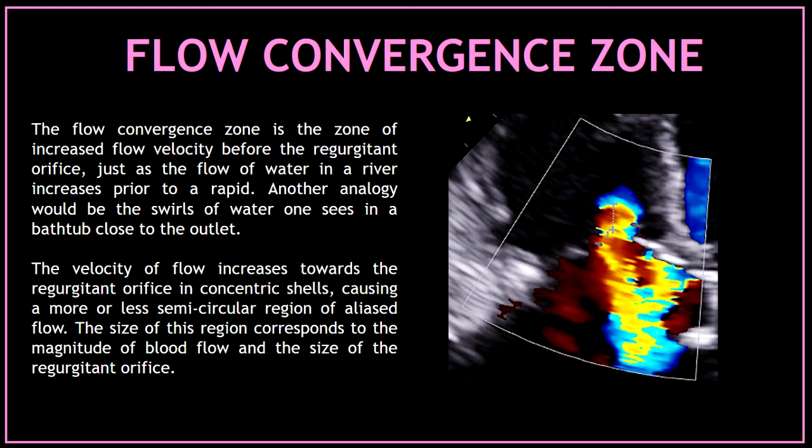The velocity of the flow increases towards the regurgitant orifice in concentric shells, causing a more or less semicircular region of aliased flow. The size of this region corresponds to the magnitude of blood flow and the size of the regurgitant orifice.